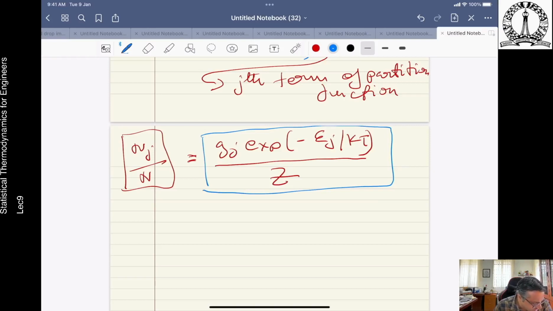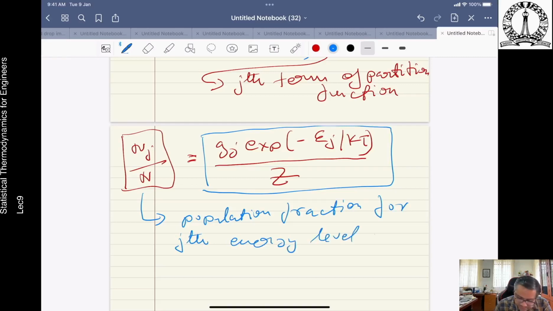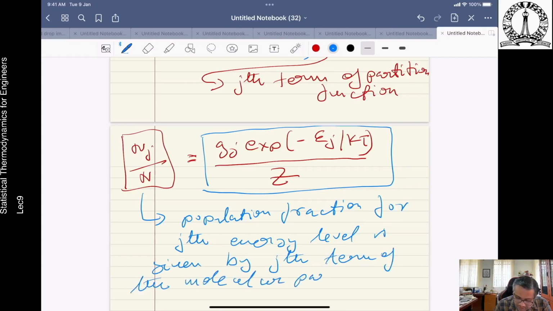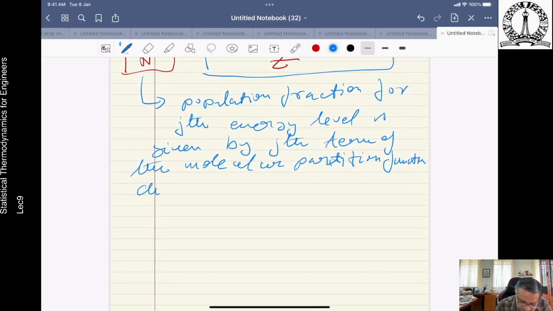The population fraction for the jth energy level is given by the jth term of the molecular partition function divided by the partition function itself.